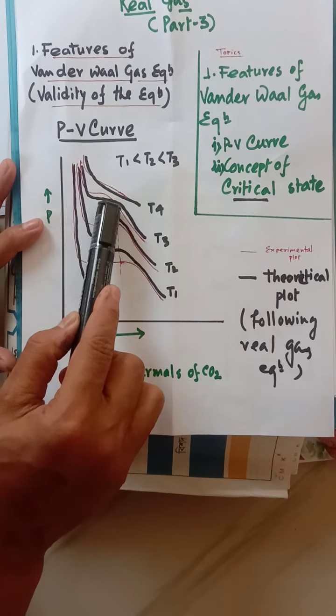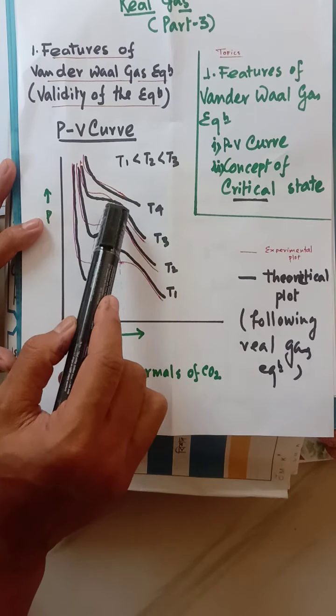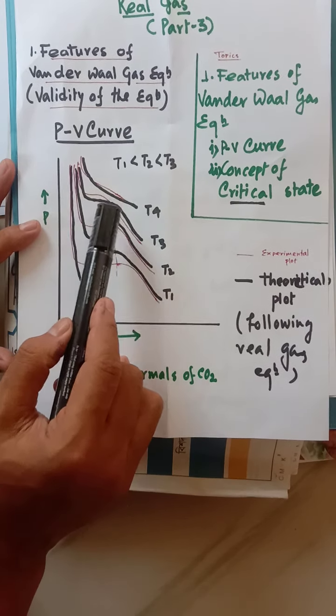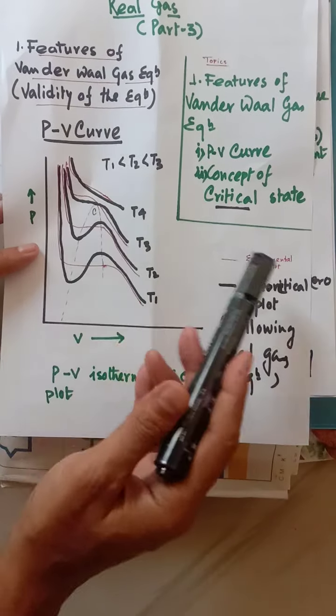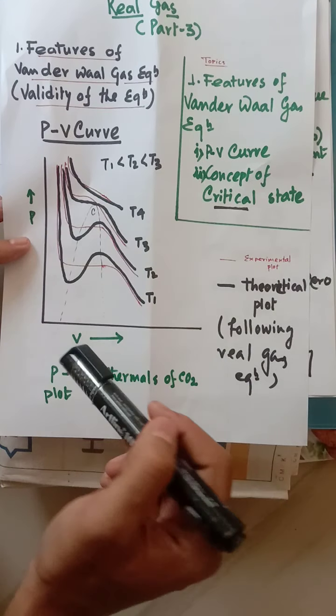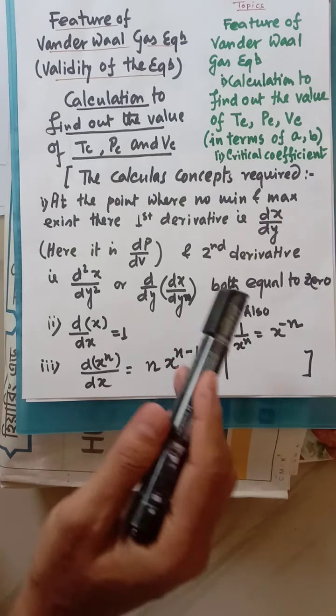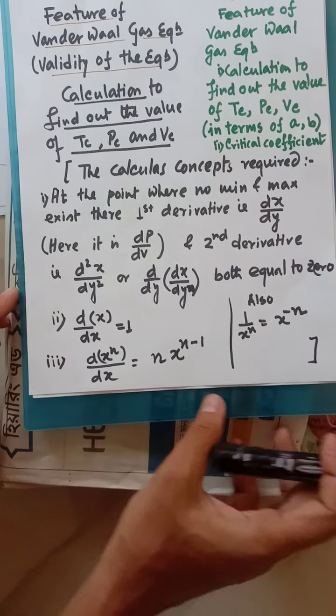That means at this point the first derivative and the second derivative both will be 0. In place of x it will be P, and in place of y it will be V. It will be much clearer when we enter the calculation part.